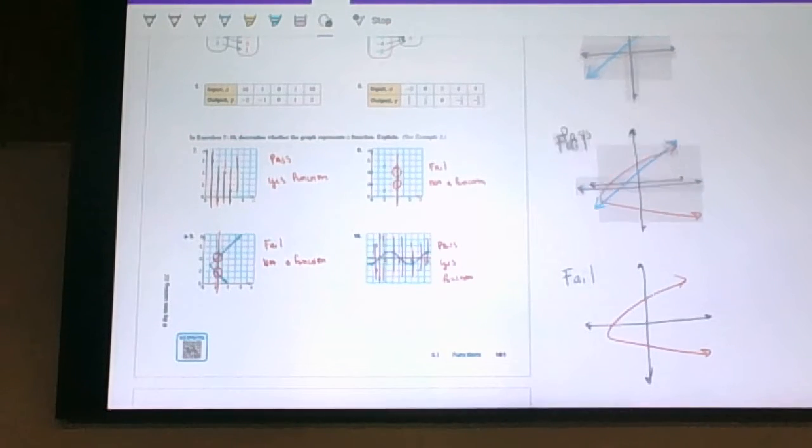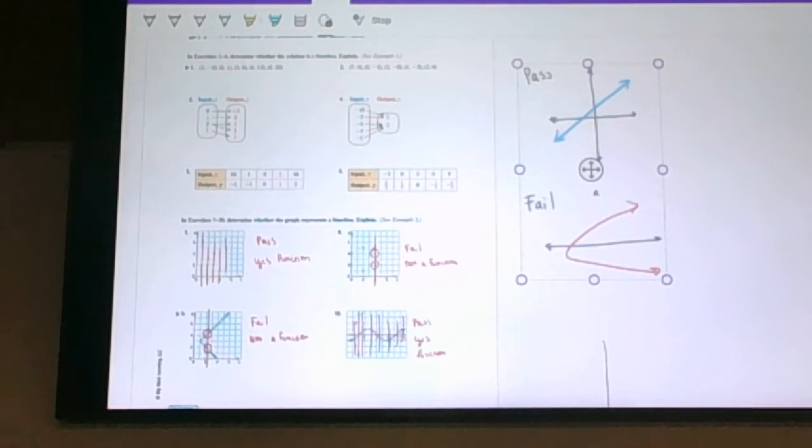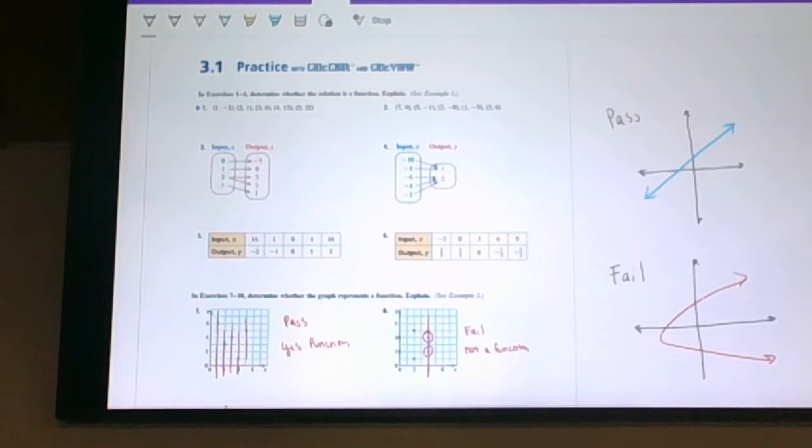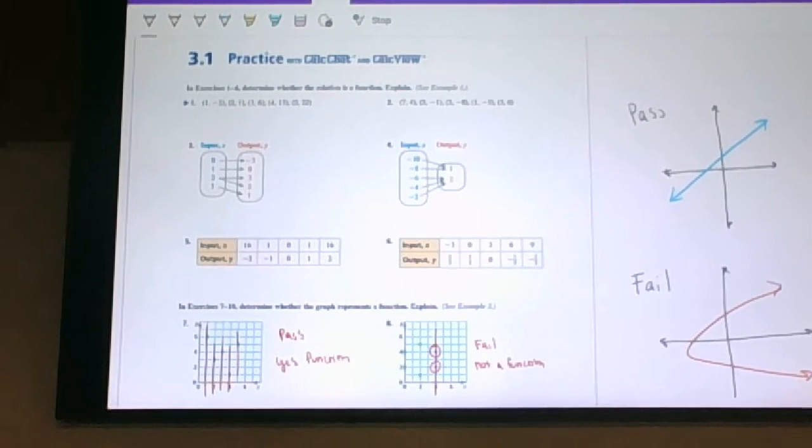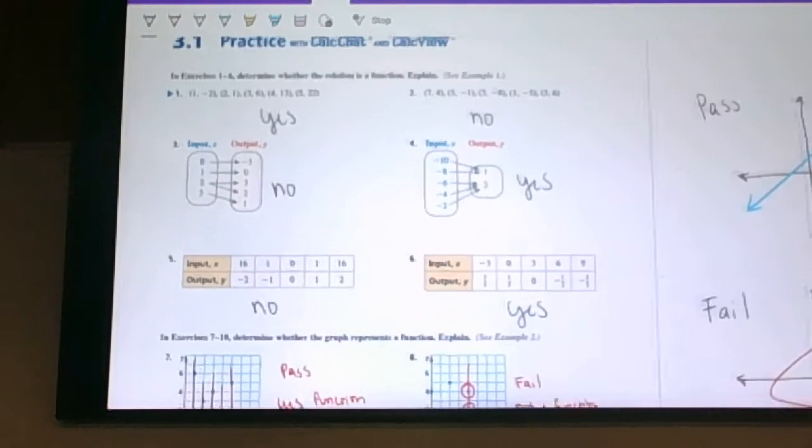You guys can go ahead and get out your homework, since I already put all the answers up there. Oh, it's supposed to say yes or no. Any questions on homework?